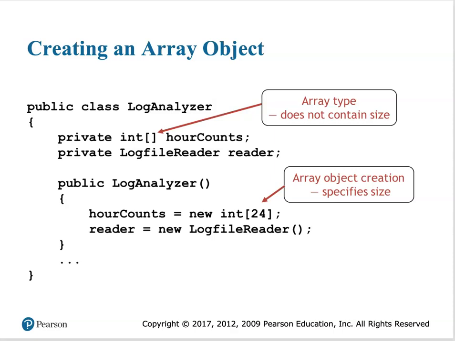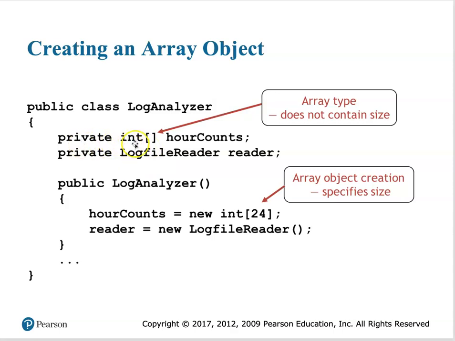So to create our log analyzer array, inside of our public class log analyzer, we are going to have an array of integer. And that means that we have to first declare it, and then we have to initialize it. When we declare an array, we indicate that an array is being used by putting square brackets after the variable type.